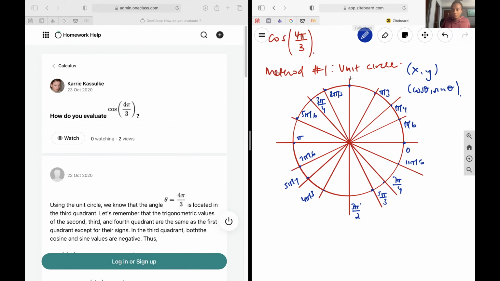So starting at 0, cos 0 is going to give me 1, sine 0 is 0. Cos pi over 6 is root 3 over 2. Sine pi over 6 is 1 over 2.